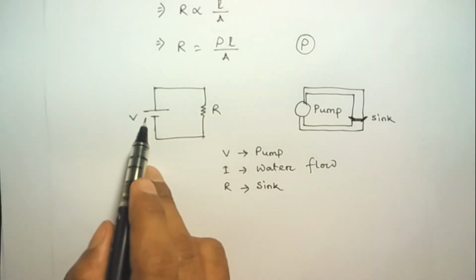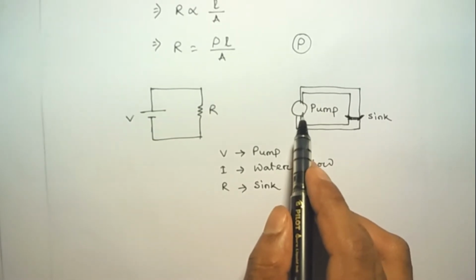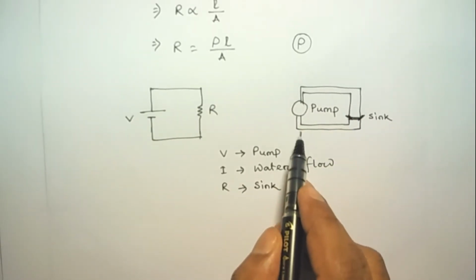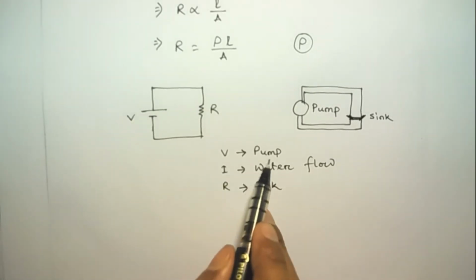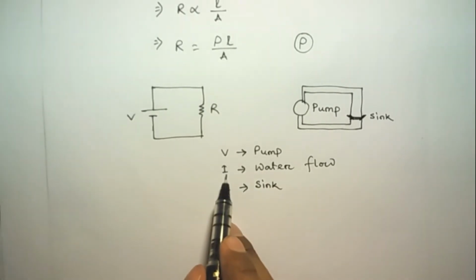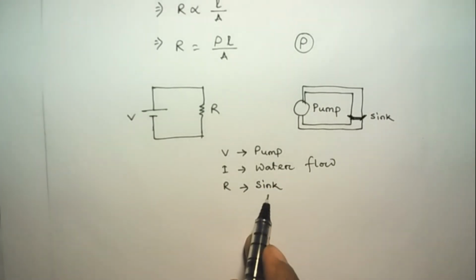We have connected a voltage source with a resistance, and here a pump is connected with a single sink. And this is the analogy part. Voltage is analogous to the pump, current is analogous to the water flow, and resistance is analogous to the sink.